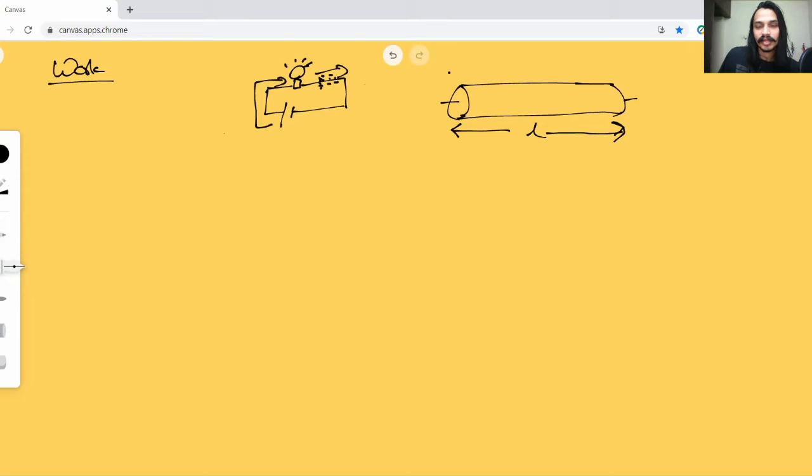Meaning we are talking about the electric field in this direction. If the electric field is going in this direction, we know that the electrons are actually moving in the opposite direction, which is this direction, because they always move in the opposite direction of the electric field.